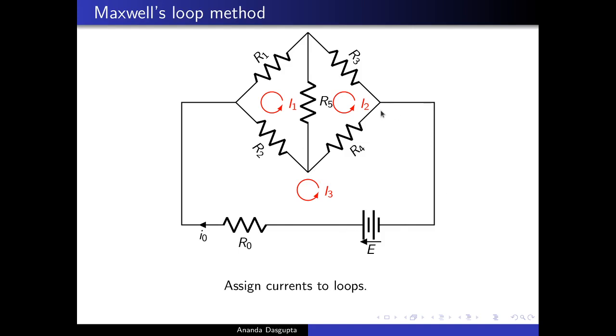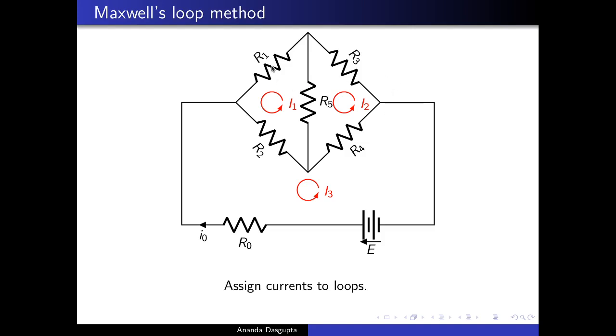So these are three loop currents. Here the independent loops are sort of obvious. You can see that these are three distinct loops. And what we do is, instead of assigning currents to branches, you assign currents to loops.